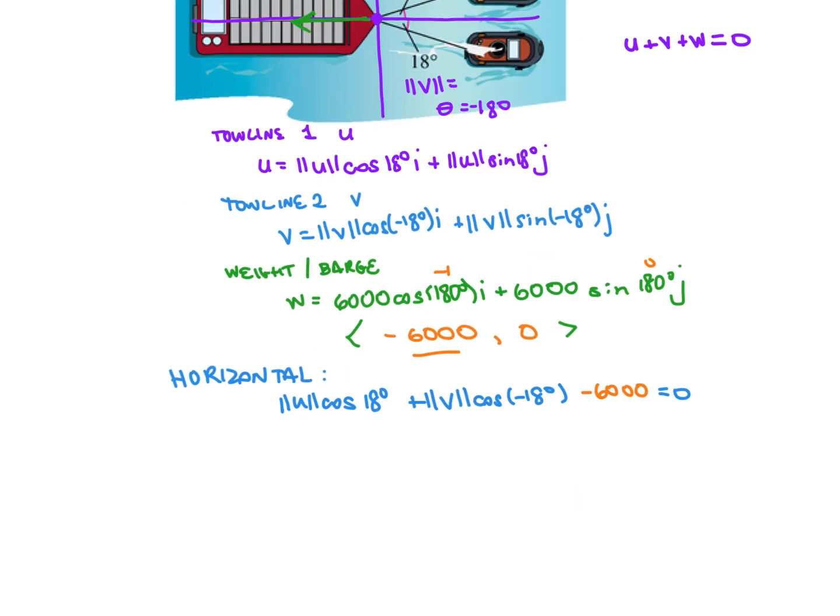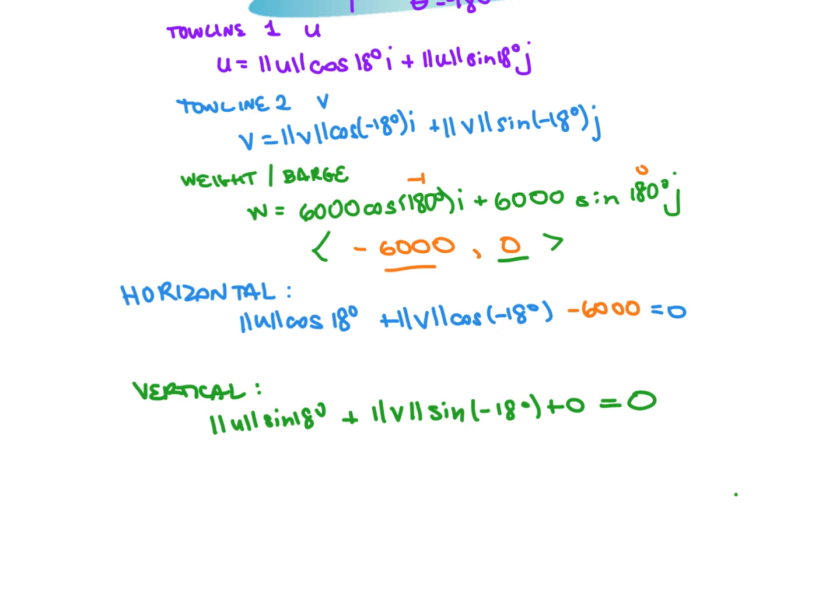So let's write our vertical equation, all our sines together. This is going to be the magnitude of u sine of 18 degrees plus the magnitude of v sine of negative 18 degrees plus 0 equals 0. Now just working with our vertical, let's evaluate what sine of 18 is.